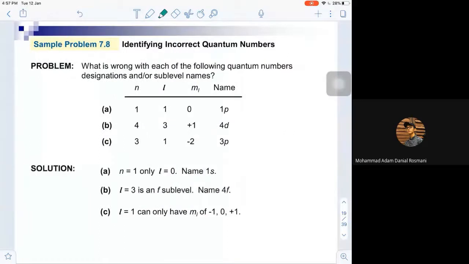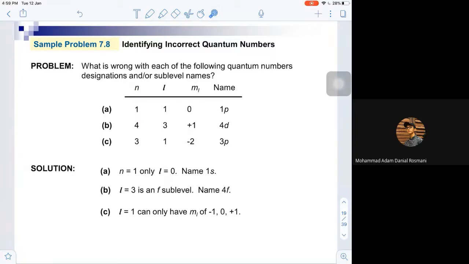Example problem 7.8: we have to identify the incorrect quantum numbers. When n is equal to 1, can L be 1? No, because L is 0 until n minus 1.